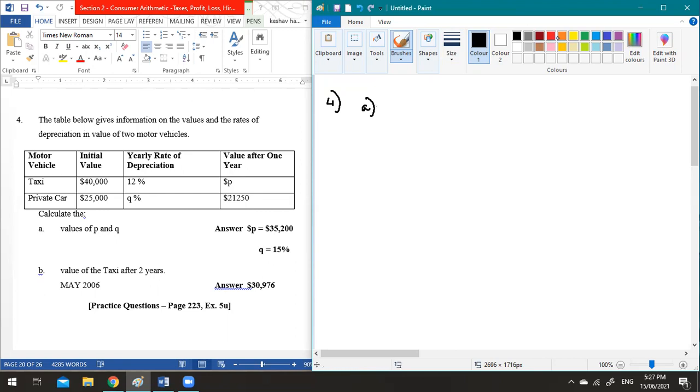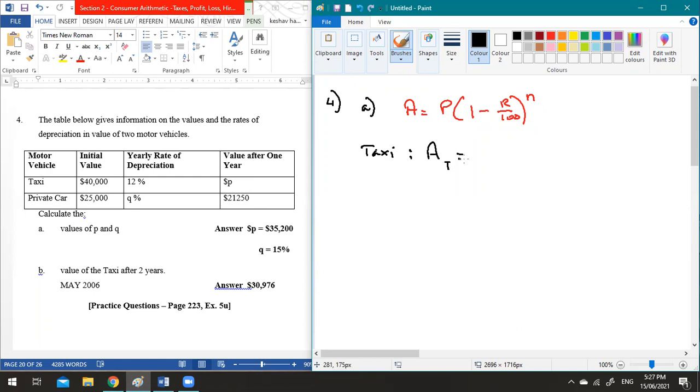All right, so let's look at it like this. So we know the formula, right? The amount is the principal, 1 minus the rate over 100 to the power n. So you will get for the taxi first. So the amount for the taxi, right? The amount that will be valued after 1 year.